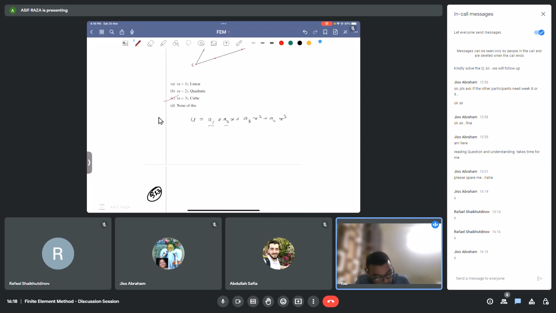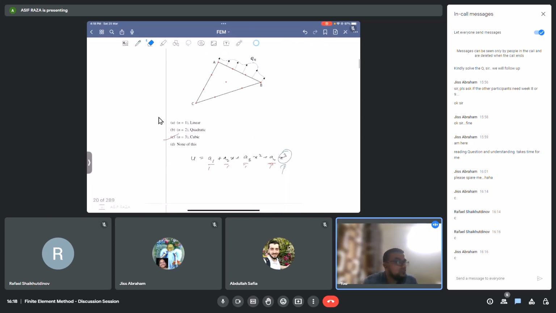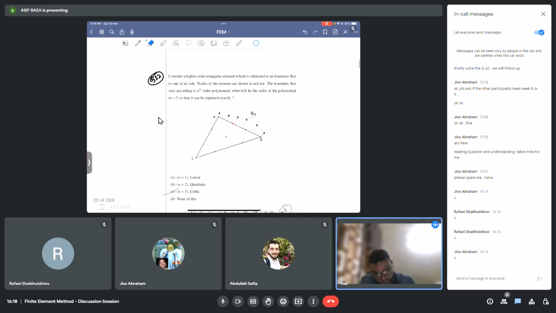The 4 nodes will give me these values, right? So it will give me the exact values up to degree 3. So the correct answer would be option C, cubic polynomial.